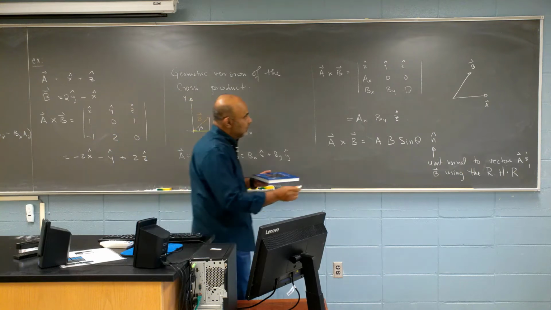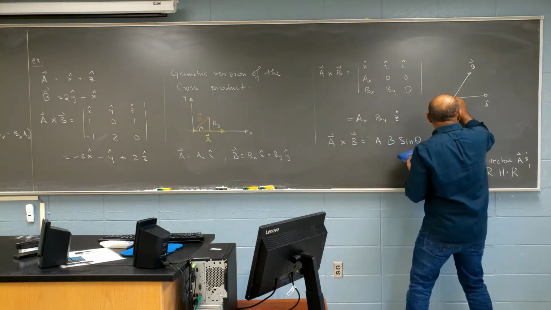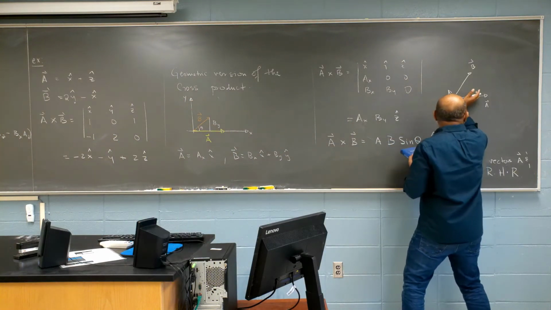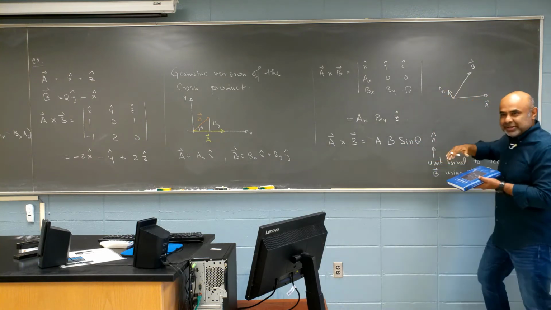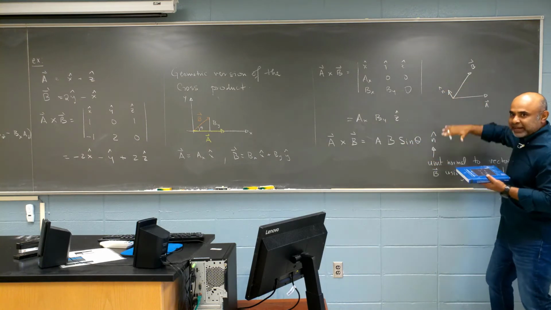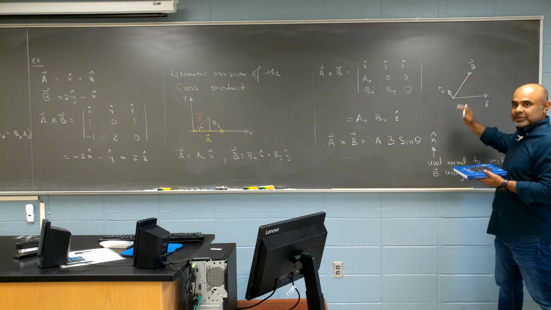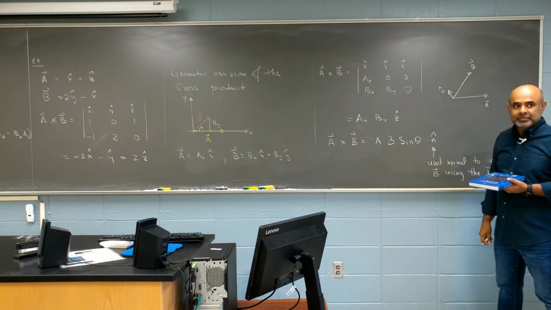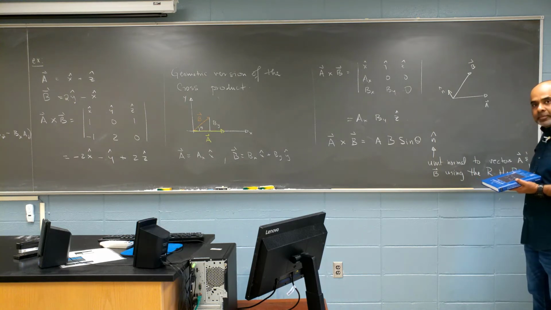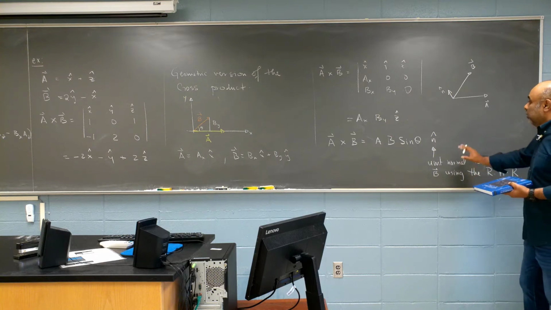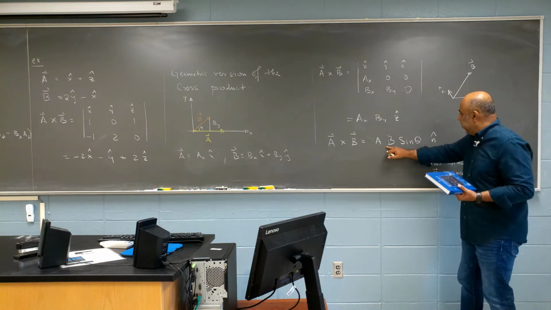In this case, it's a 3D drawing. I'm trying to draw a perspective plane. Why did we need the unit vector? Oh, right. So this is the magnitude.